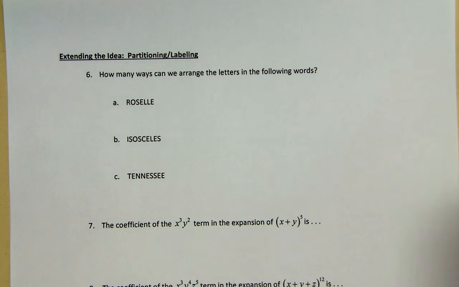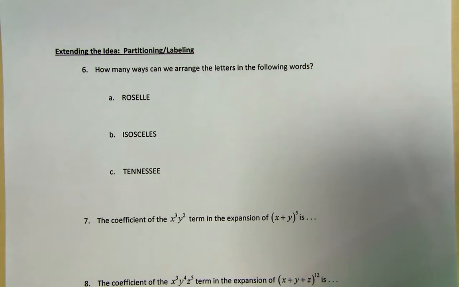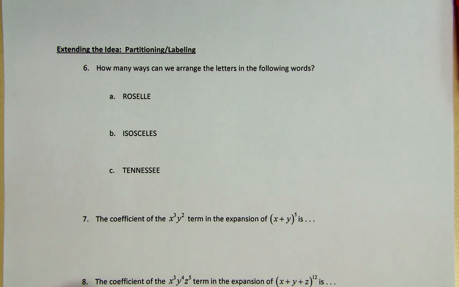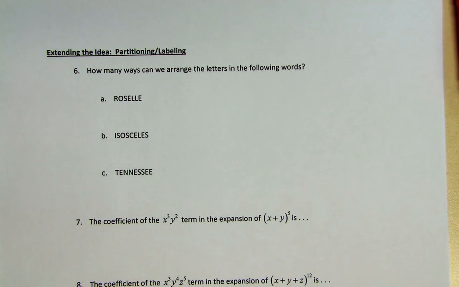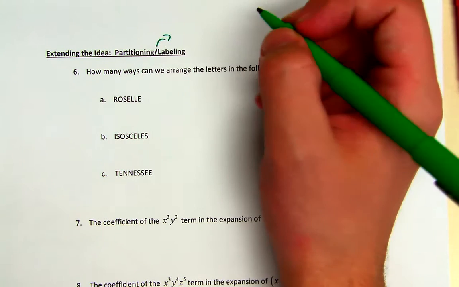So collecting my thoughts. Alright, we'll go back to that problem using this idea of partitioning and labeling problem. And as you can see, we're getting back to those coefficients. So, when do we use this partitioning and labeling idea?